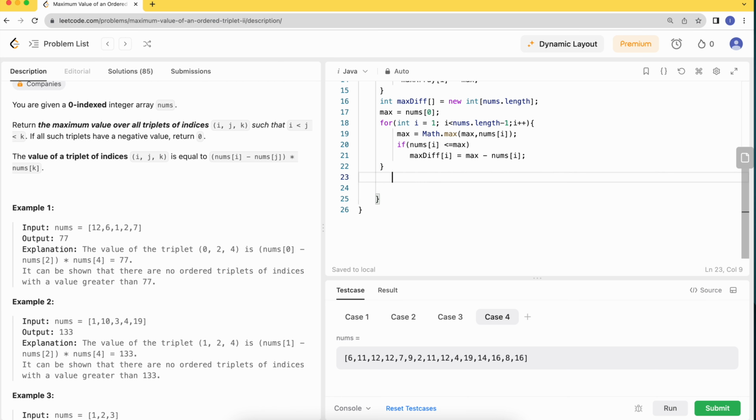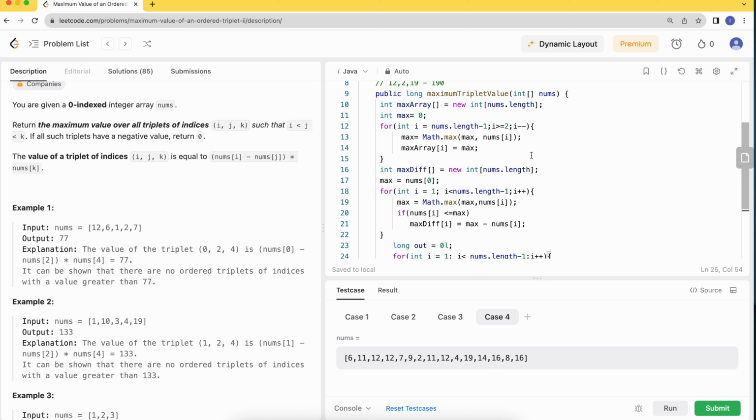So now we can compute our for int i equal to 1, i less than nums.length minus 1, i plus plus. So we can say what is the maximum value of this difference multiplied with the max array at the kth position, the 1 plus index.